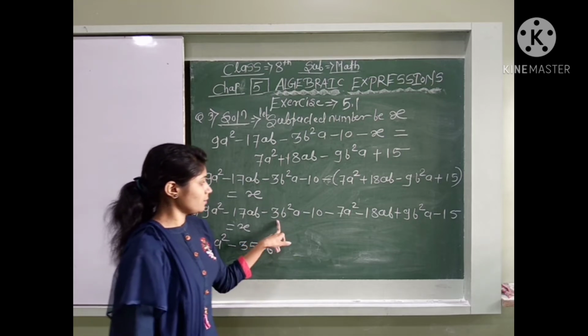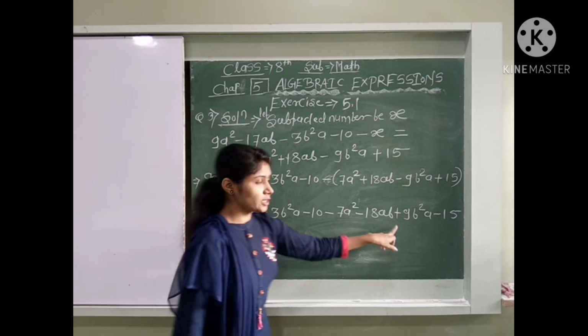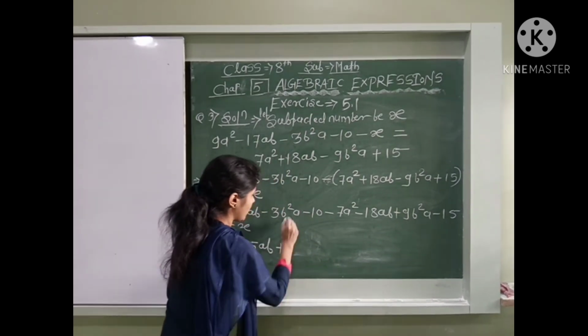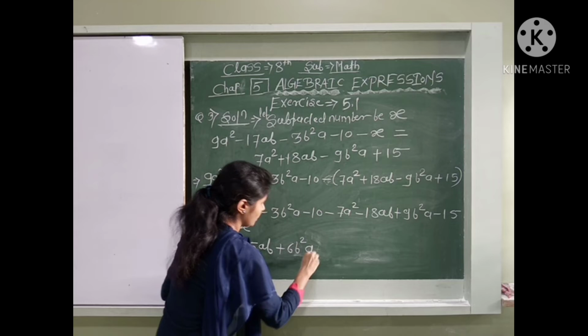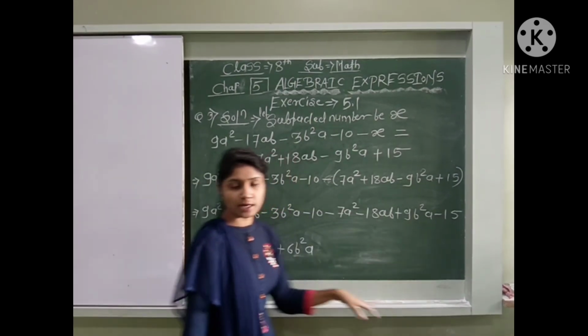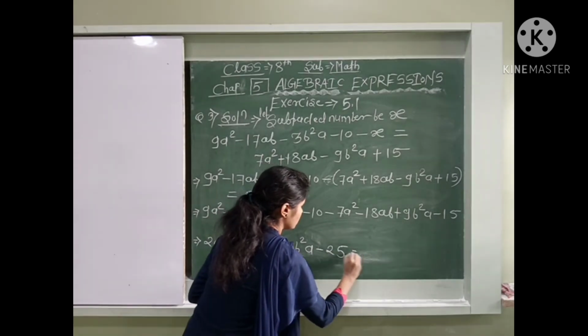Minus 3b square a and plus 9b square a: 9 minus 3 is 6, so plus 6b square a. Last, minus 10 minus 50 is minus 60. Minus 25 is equal to x.